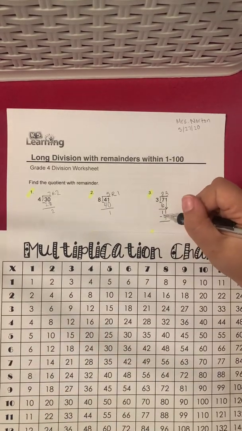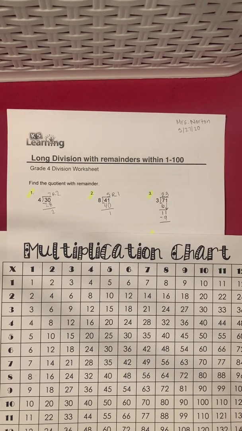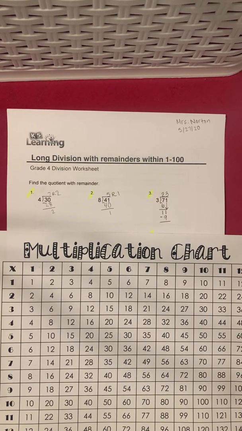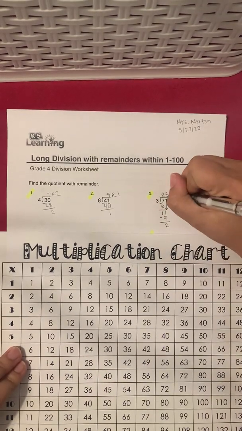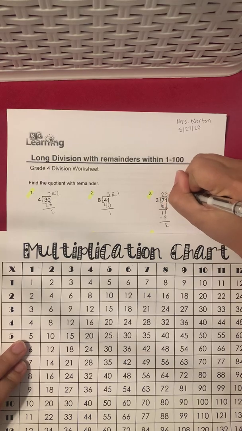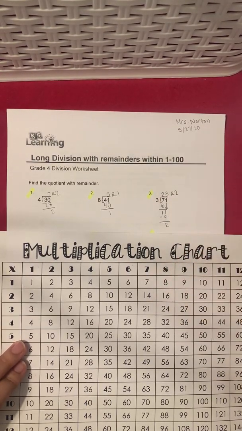So you have 11 minus 9. If you said that's 2, you're right. So we have a remainder of 2. So our answer is 23 with a remainder of 2.